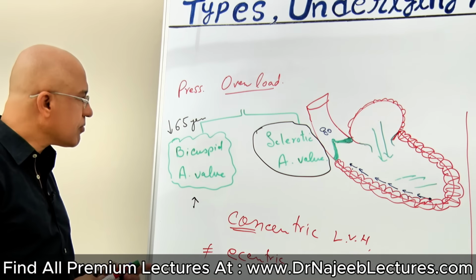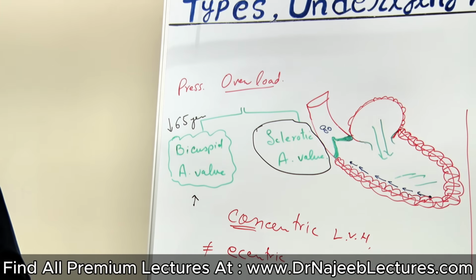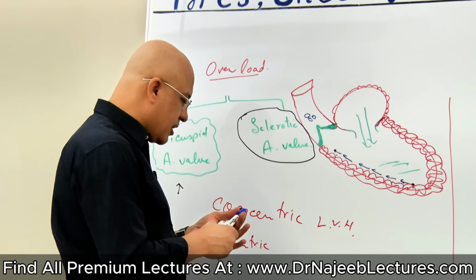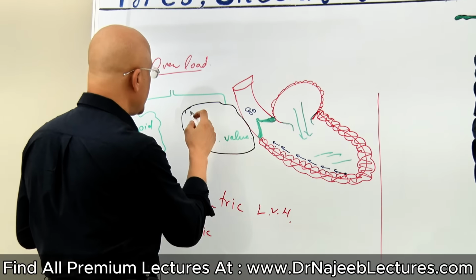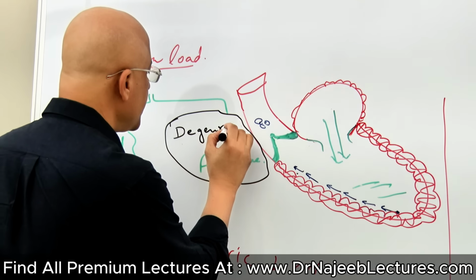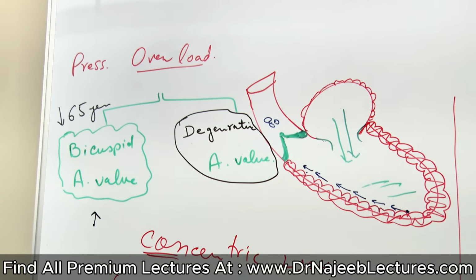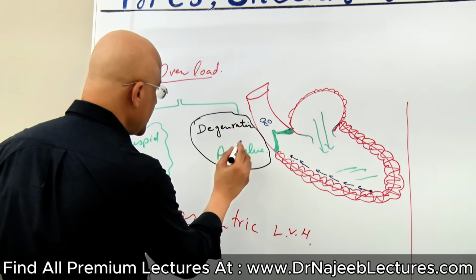But sclerotic or calcific or degenerative, this is called sclerotic, or the better word which is more commonly used, degenerative aortic valve stenosis, right? This is also called calcific.